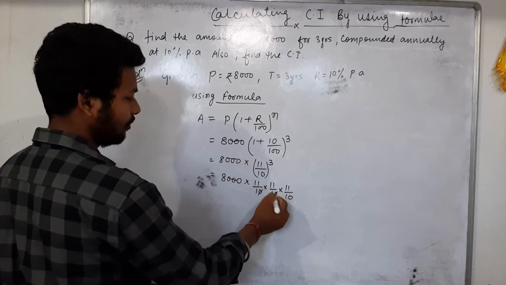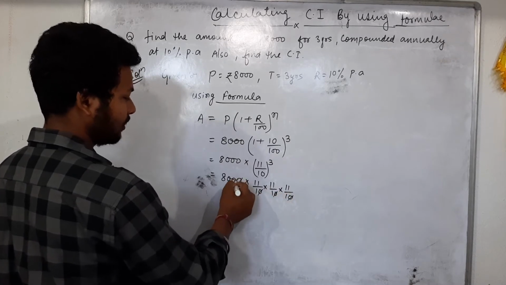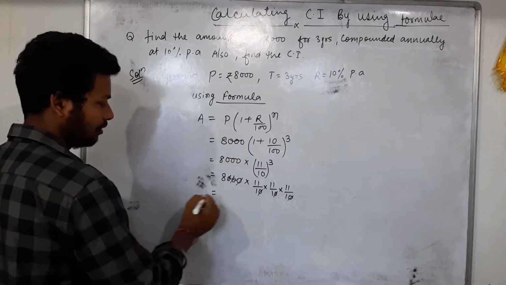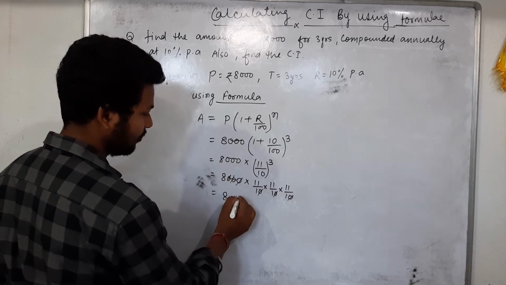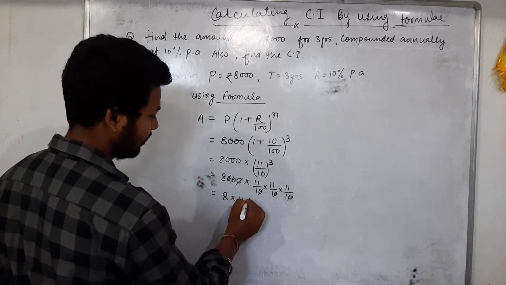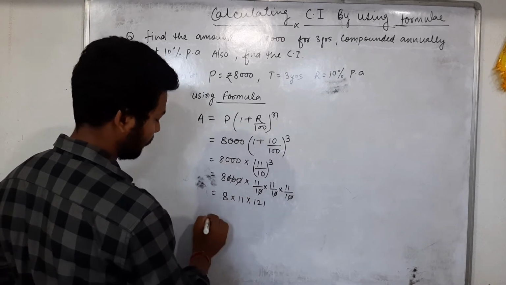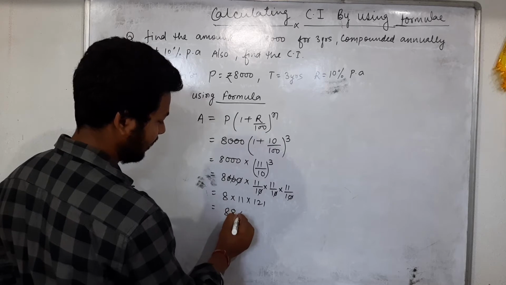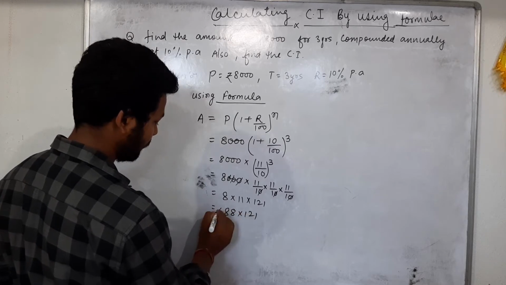The 1000 in the denominator cancels out with the principal. So the value is 8 into 11 into 121. So from here you can write 88 into 121.